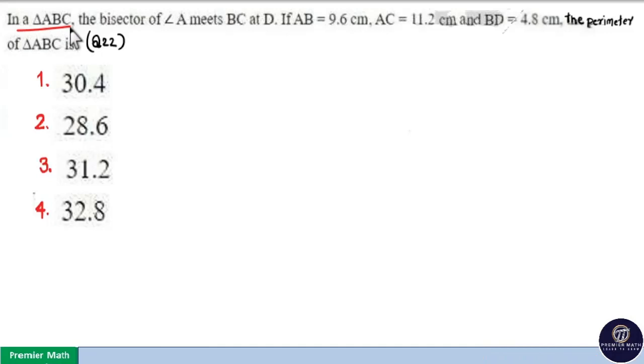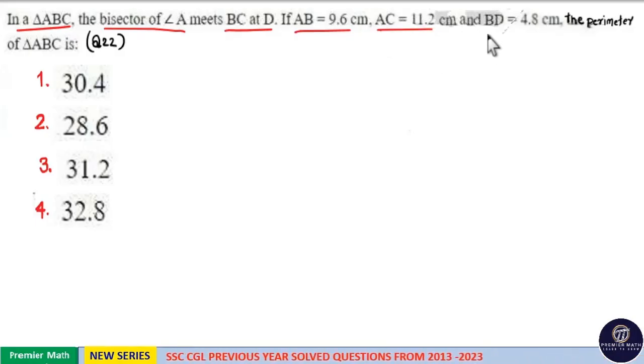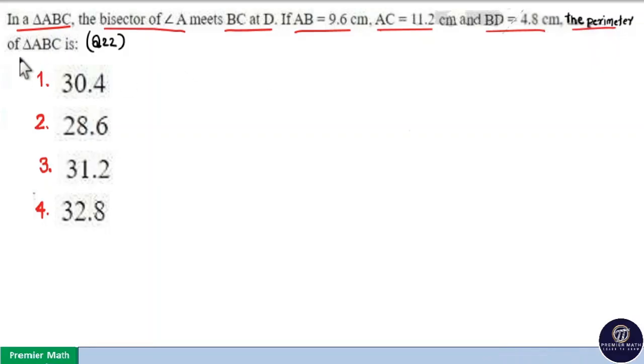In a triangle ABC, the bisector of angle A meets BC at D. If AB equal to 9.6 cm, AC equal to 11.2 cm and BD is 4.8 cm, then the perimeter of triangle ABC is? Consider this is the triangle ABC.